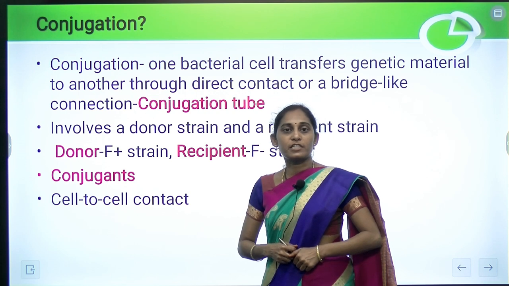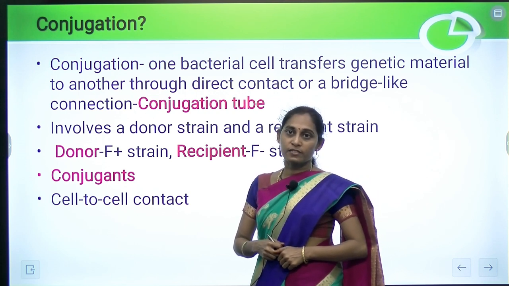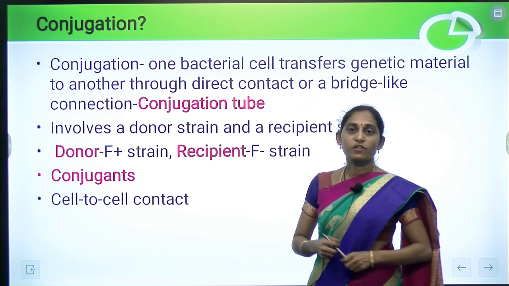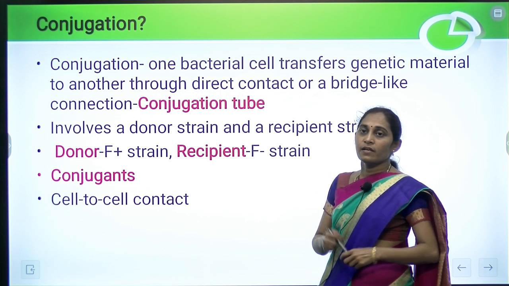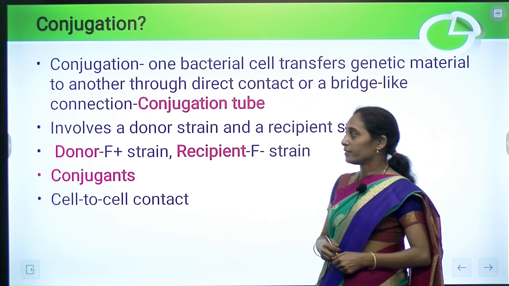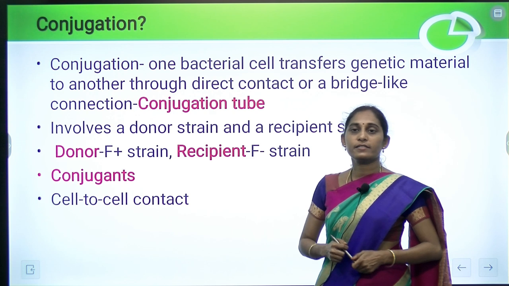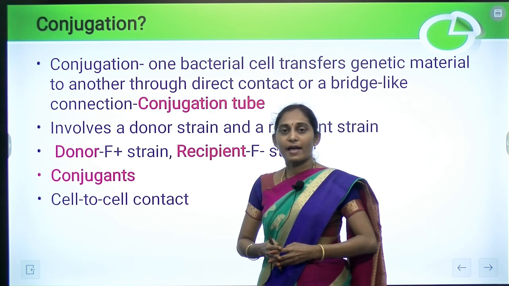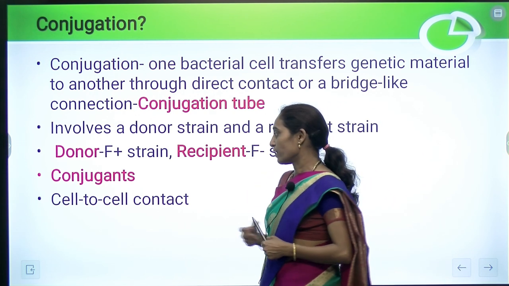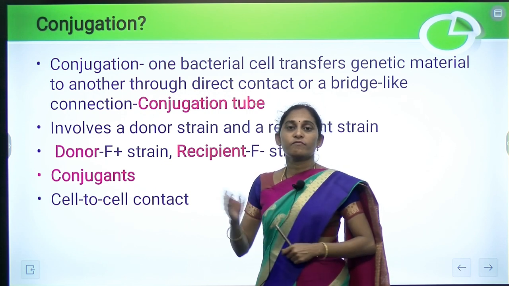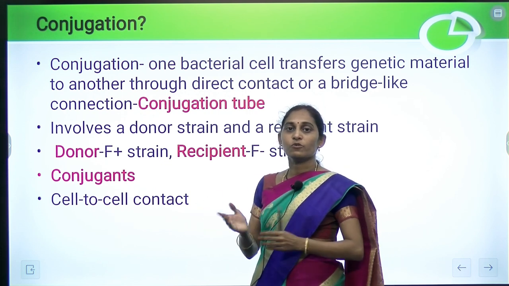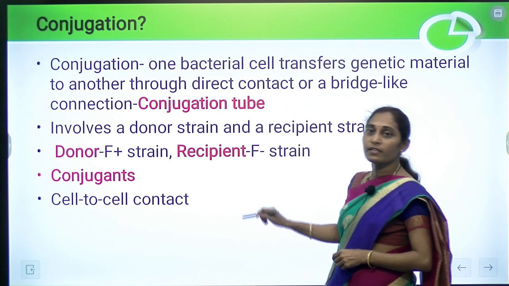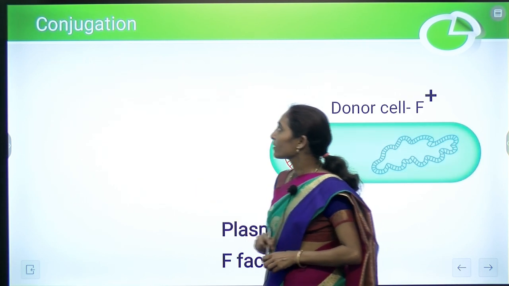One of the conjugants is known as the donor strain, which acts as F plus, and the other one is F minus, which acts as the recipient strain, and there is a physical direct cell to cell contact between the conjugants.